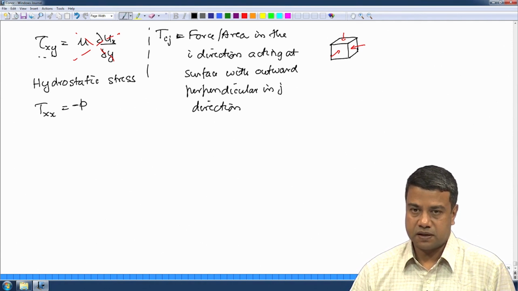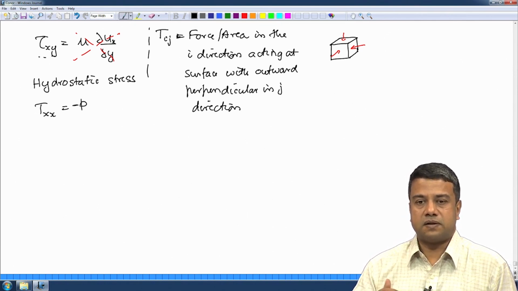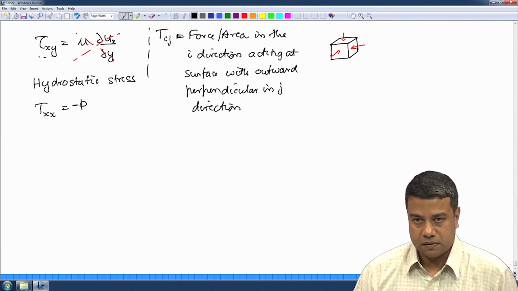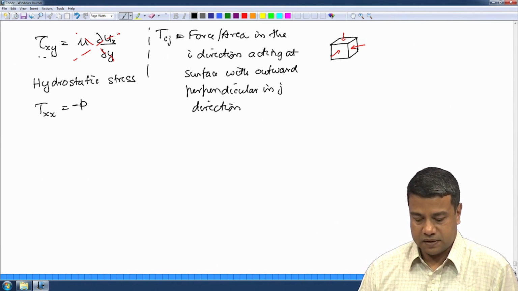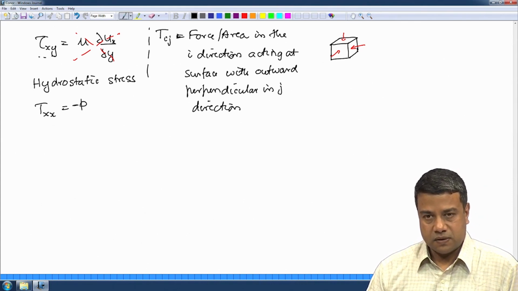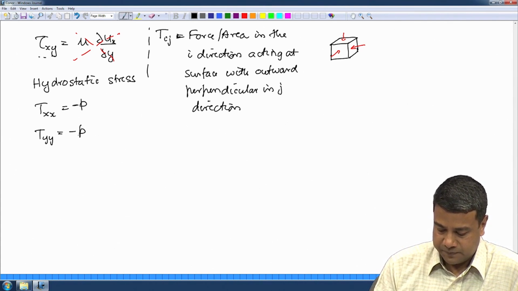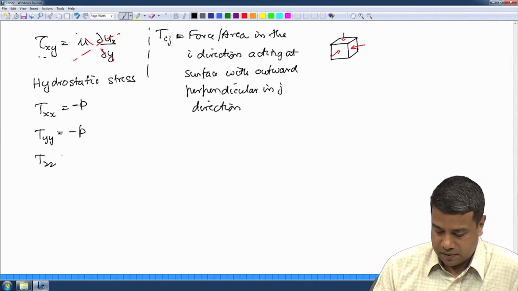Due to pressure, that force actually acts in the minus x direction. Therefore, Txx is minus P, because the stress is assumed to be positive if the force is along the outward unit normal to the surface. Txy, Txz and so on will be 0, Tyy will also be equal to minus P, and Tzz will also be equal to minus P.